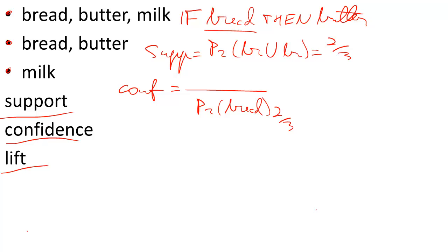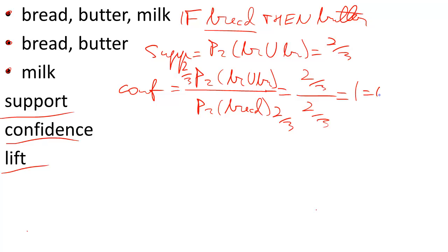Into the numerator goes the probability of bread and butter together. This probability is actually also 2/3. So confidence is 2/3 divided by 2/3, which is your 1 or 100%.